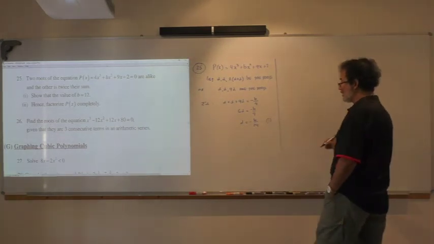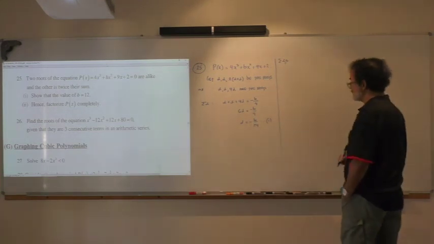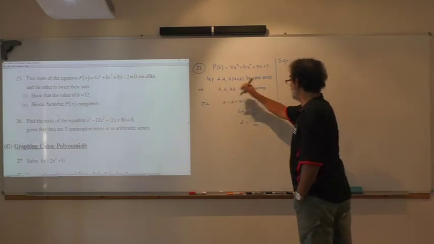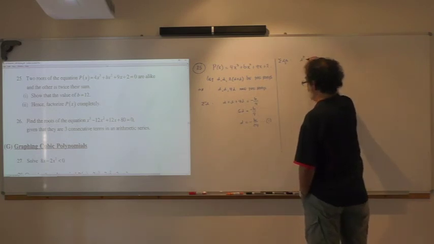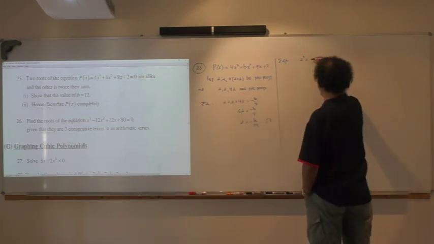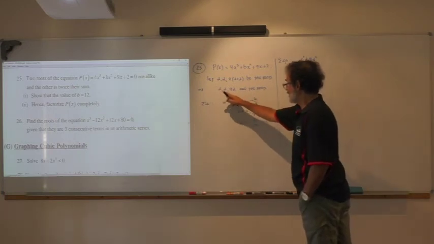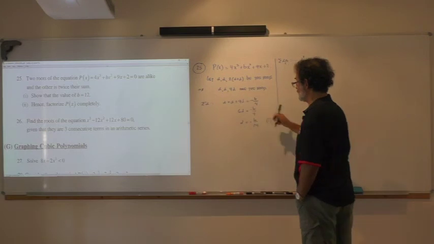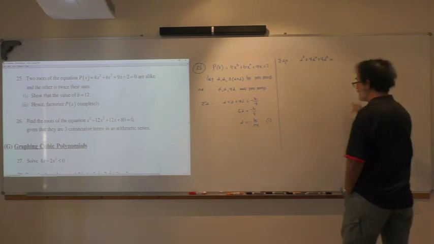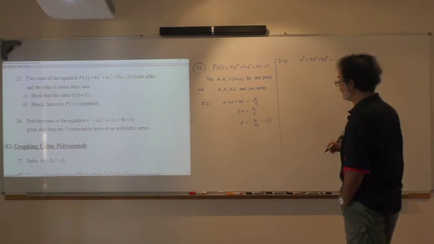And then when you take them 2 at a time, we have alpha times alpha, so alpha squared, plus alpha times 4 alpha, so 4 alpha squared, and then alpha times 4 alpha, so another 4 alpha squared.